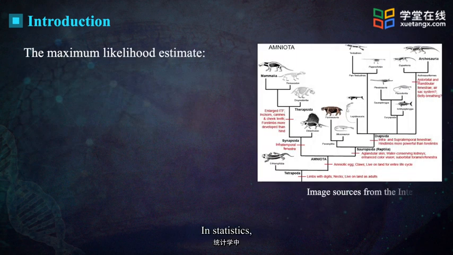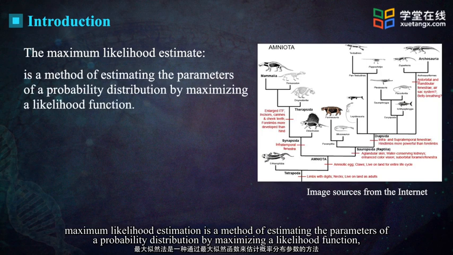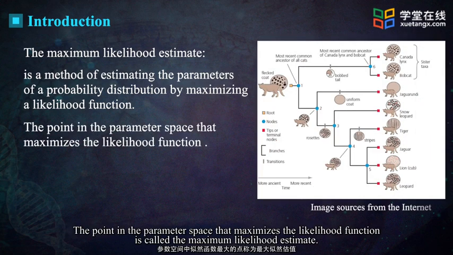In statistics, maximum likelihood estimation is a method of estimating the parameters of a probability distribution by maximizing a likelihood function, so that under the assumed statistical model, the observed data is most probable. The point in the parameter space that maximizes the likelihood function is called the maximum likelihood estimate.